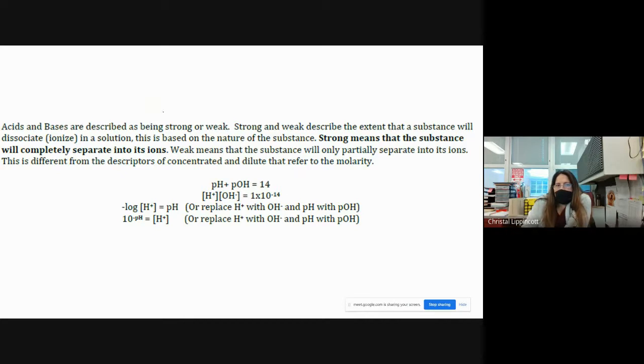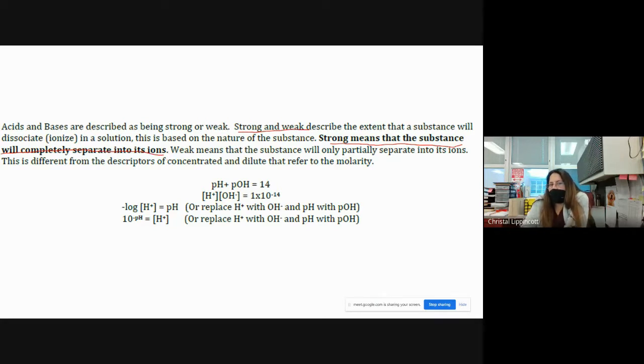Right. Acids are described as being strong or weak. Okay. And what that means is how much of it is going to actually come apart to form hydrogen ions on the other side. Okay.